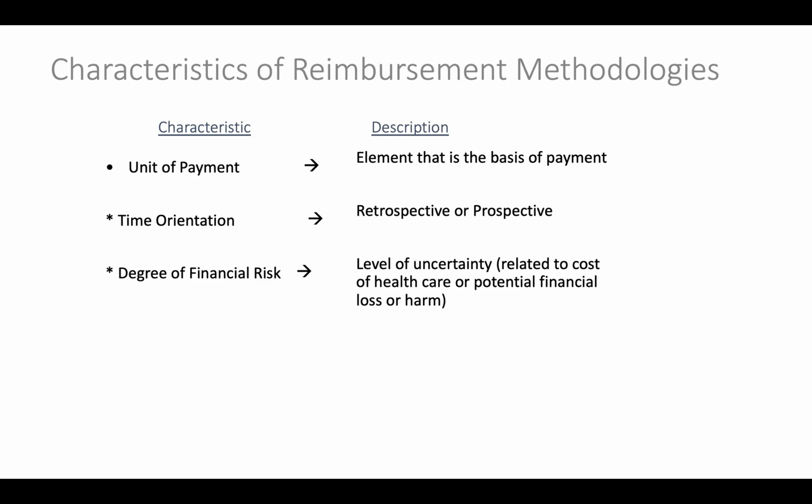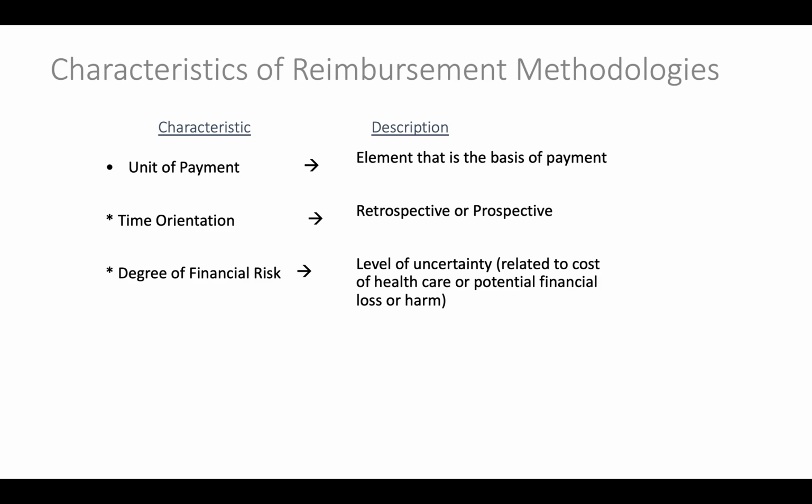Imagine for now there is a type of payment called fee for service. If I do a blood test, CBC test, I get paid. If I do an X-ray to a patient, I get paid. If the patient comes to a clinic visit, I get paid.